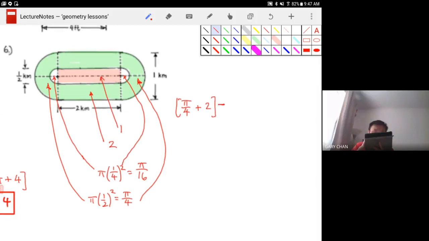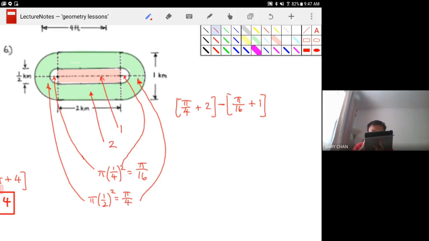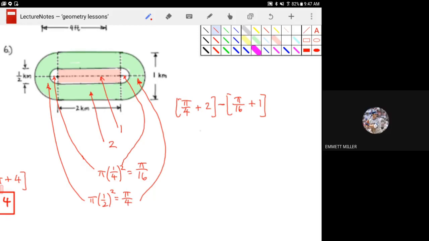Then subtract the area of the smaller, which is pi over 16, plus 1. Yep. We're going to clean this up. Emmett, can you help us out with that? How do I do pi over 4 minus pi over 16? You have to make it 4 pi over 16. So it becomes how much?